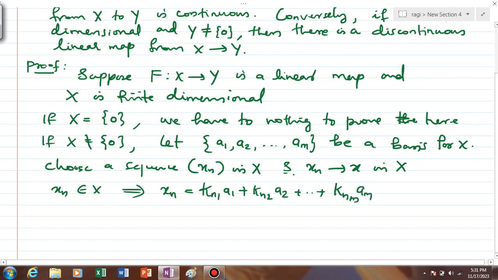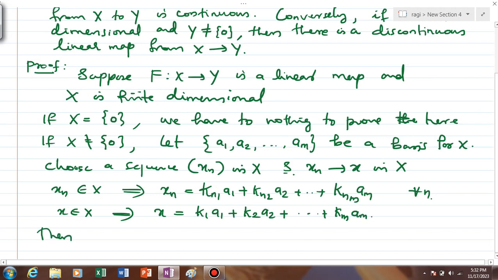Since this is true for every n, and x is an element of X, x is also a linear combination of a1, a2, ..., am: x = k1 a1 + k2 a2 + ... + km am.